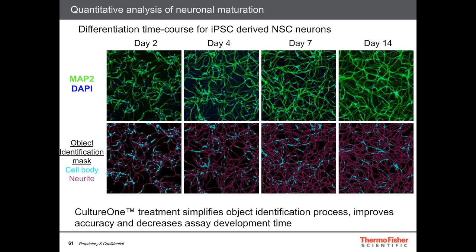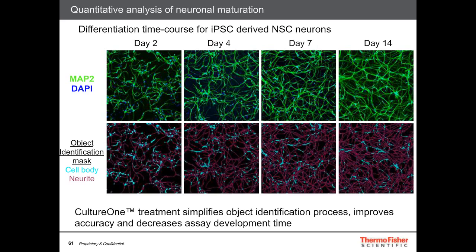The bottom panel shows the software-generated object identification mask for each corresponding image, and the cell bodies are seen in kind of the turquoise color, and the neurites are in purple. And you can see that the neurites are being accurately identified if you compare the images.